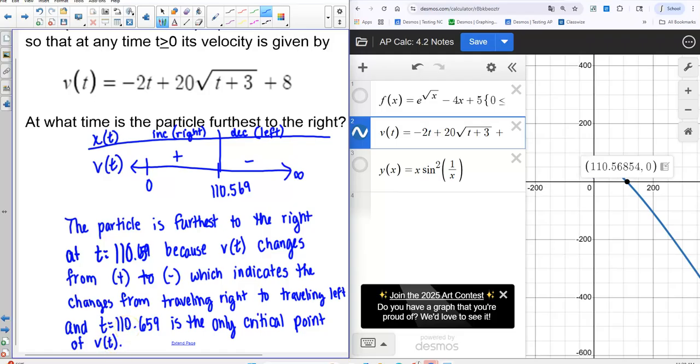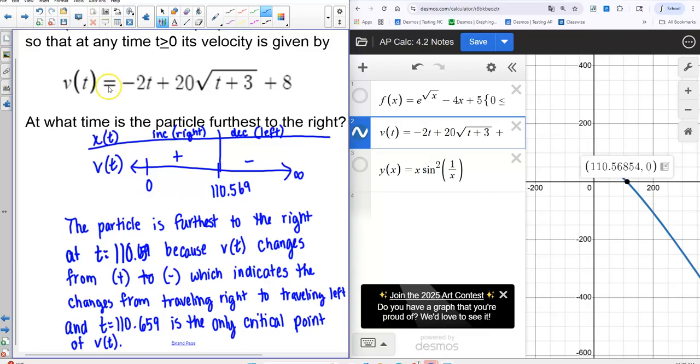Because a velocity switching from positive to negative only tells us a relative maximum or minimum, right? Unless it's the only critical point, and then it has to be absolute. So that last line here is really important.